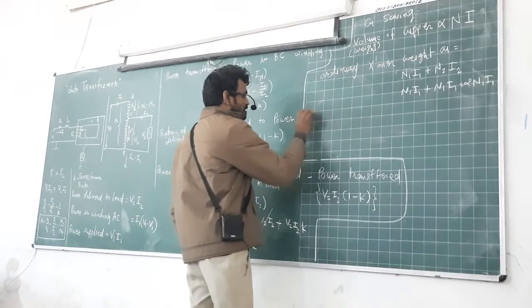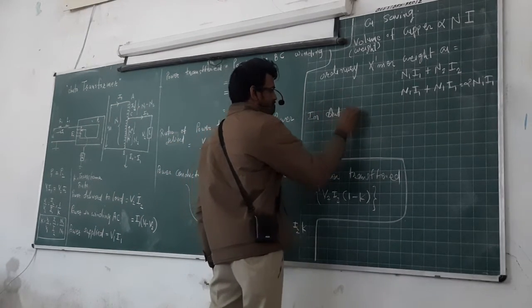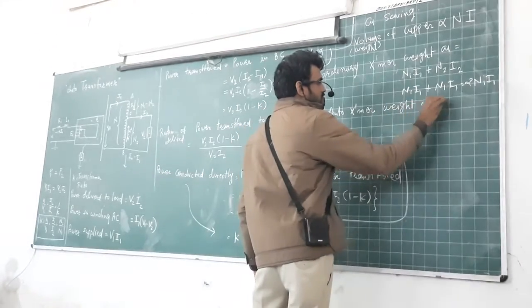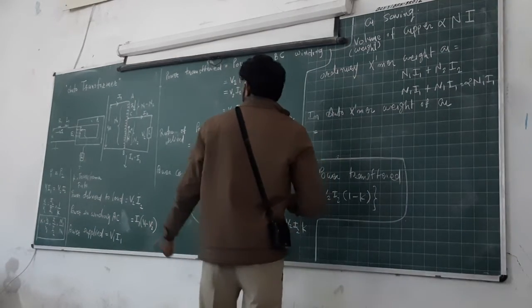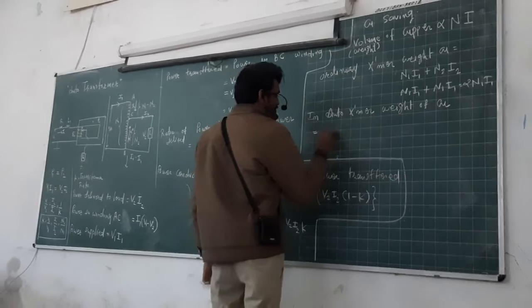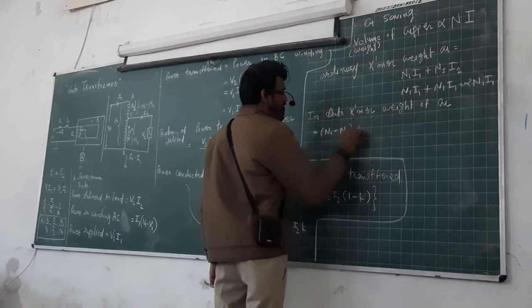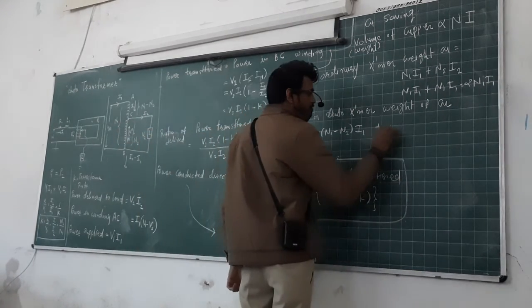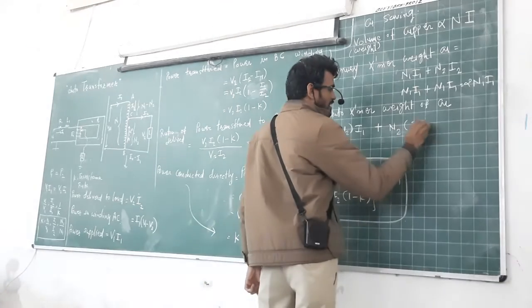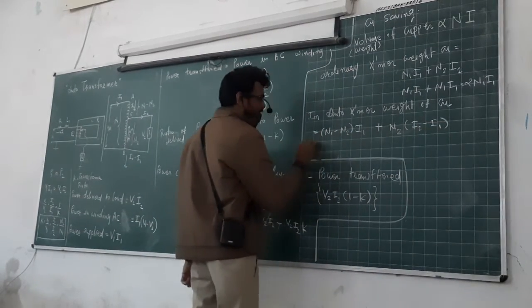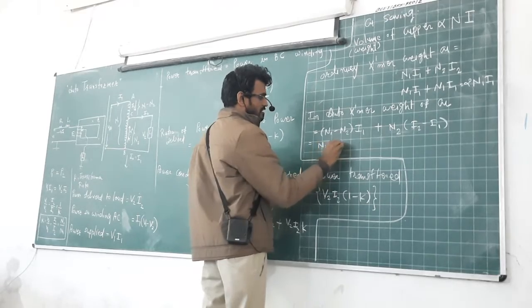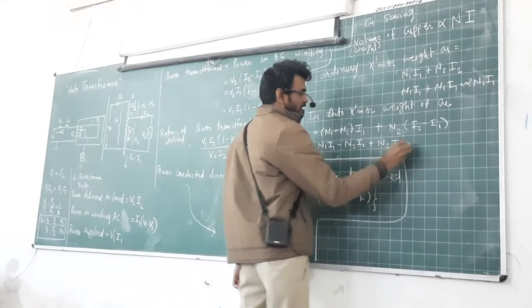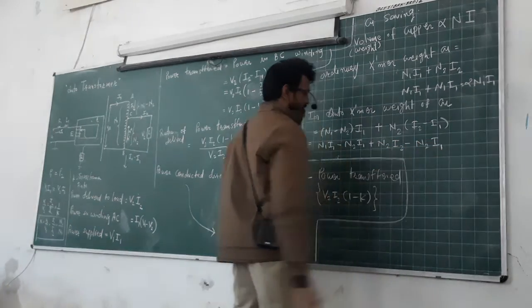So in the autotransformer, the weight of the copper is proportional to the turns and current in this winding, N1 minus N2 times I1, plus in this winding turns times current, N2 times I2 minus I1. So here is N1 I1 minus N2 I1 plus N2 I2 minus N2 I1.